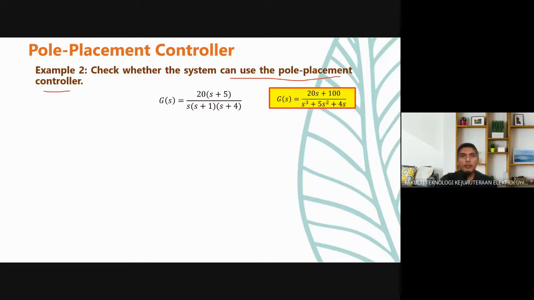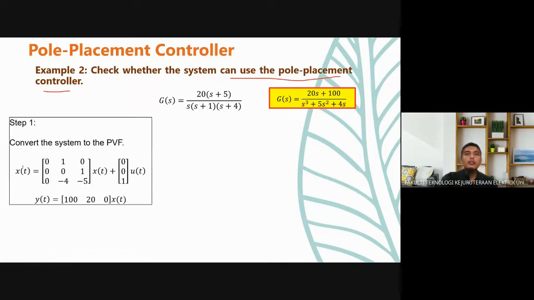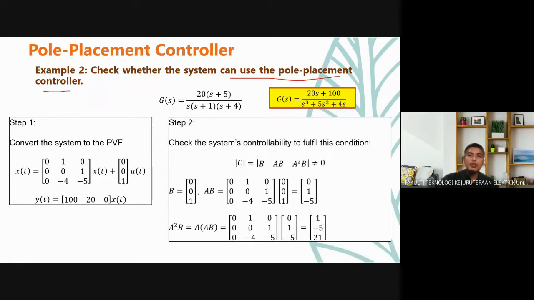This is the same transfer function from the previous example. So we need to convert the system to the phase variable form. After that, step number 2, check the system controllability to fulfill this condition. So this is the formula for the controllable. I put C because C refers to controllable.